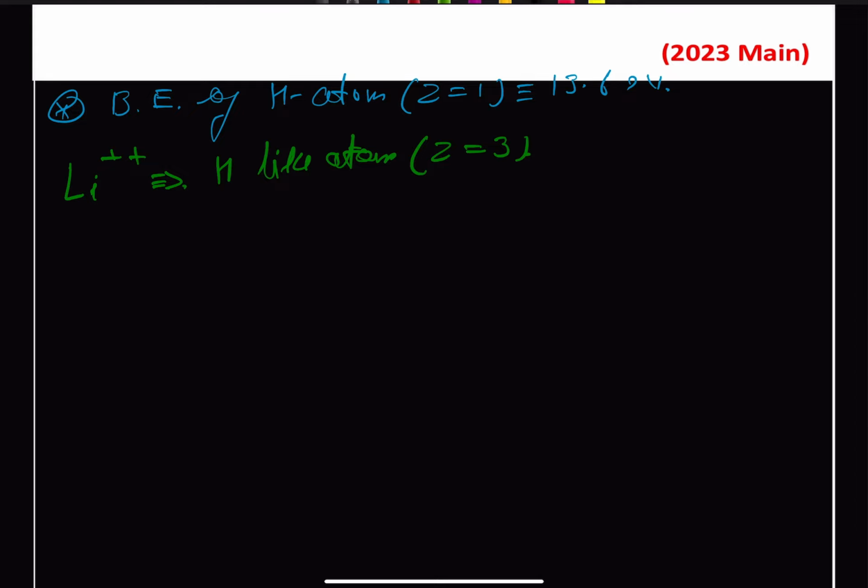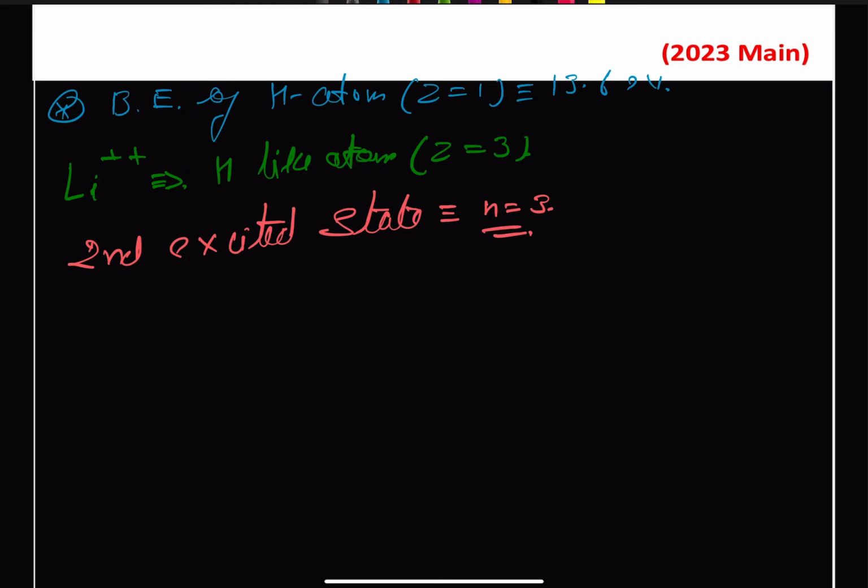Second excited state means the value of n is equal to 3.